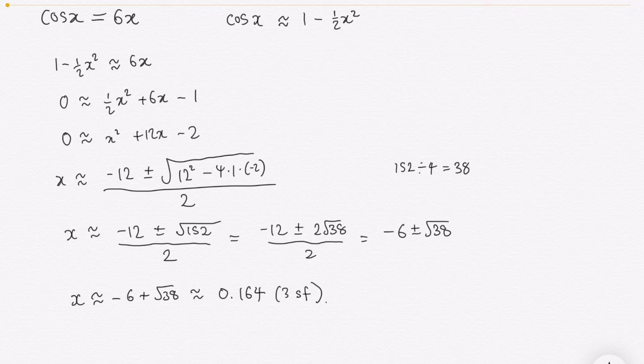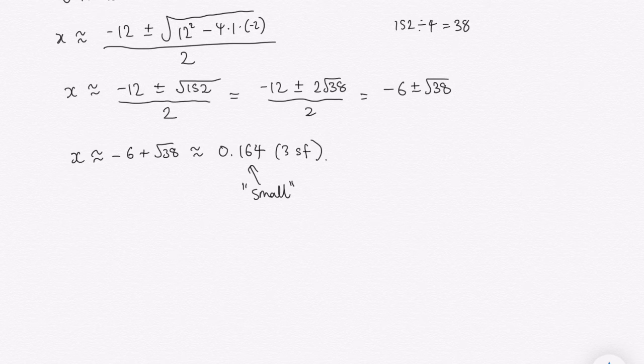And notice that this is small, and that is important because we know the small angle approximations are valid when x is small only. So if you start getting a big number here, then you know something has gone wrong.